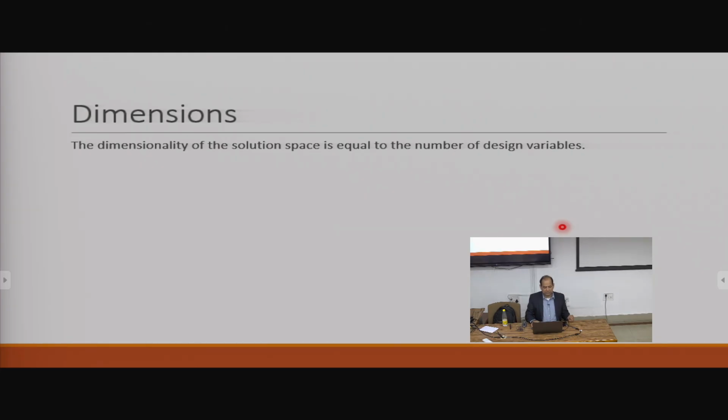Some basic concepts. The dimensionality of the solution space is equal to the number of design variables. These are not spatial dimensions. It could be the current, it could be a physical dimension, it could be, let's say, capacitance. Basically you have many variables, and they define a design space which has dimensionality equal to the number of design variables.